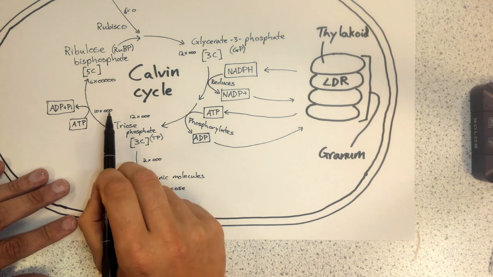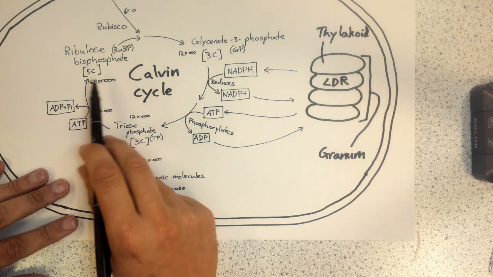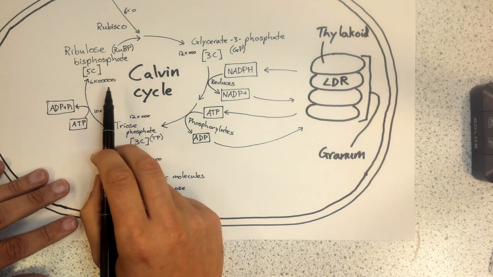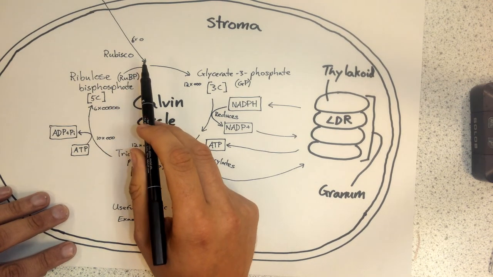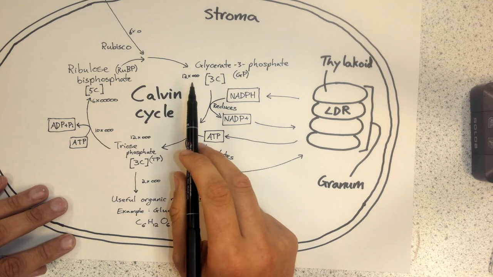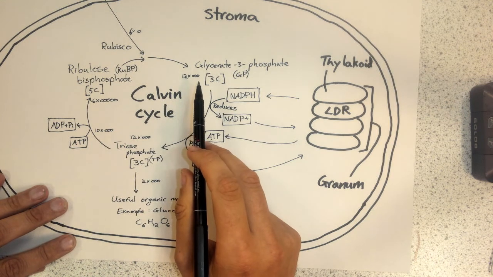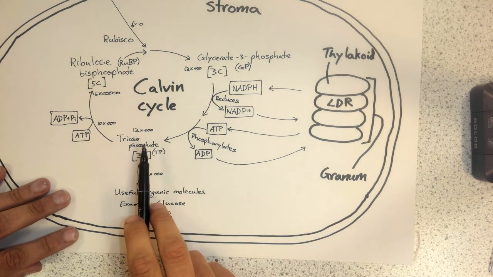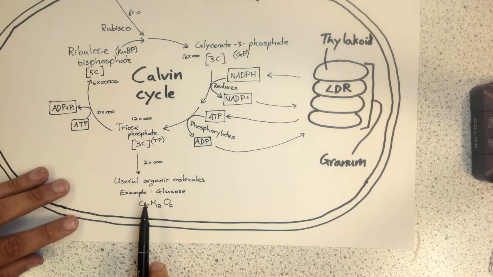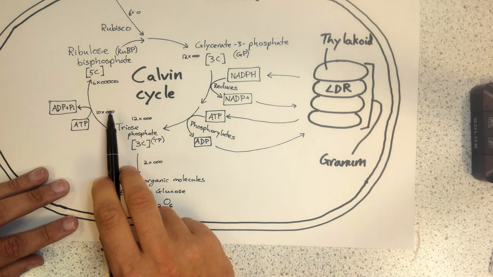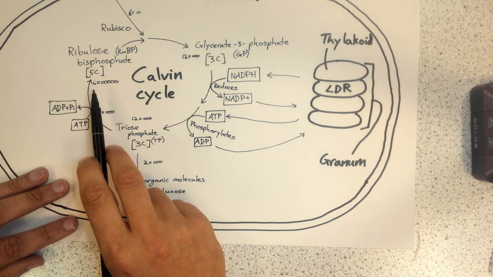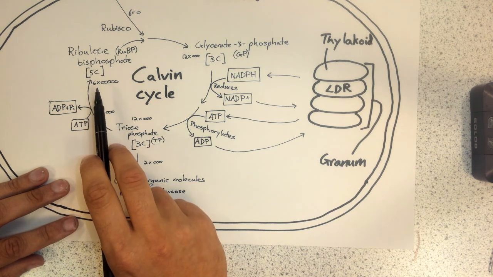So 10 TPs can be converted back to 6 RuBPs, and the cycle could start again, gaining 6 carbon dioxides to produce 12 GPs, to produce 12 TPs, and that would release 1 glucose, 10 TPs that could be reverted back into 6 RuBPs.